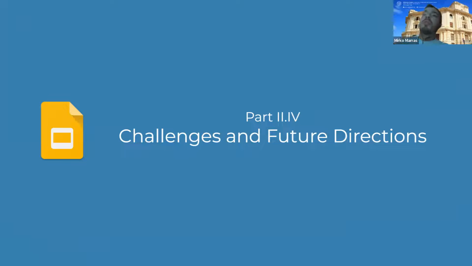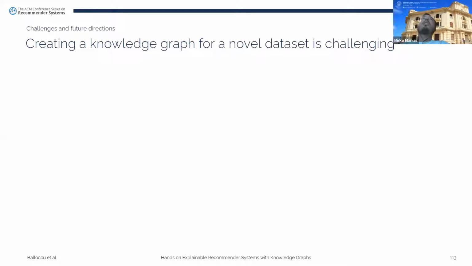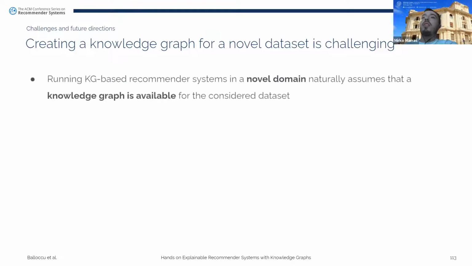Okay. So let's use a few slides to discuss some prospective research directions based on what we have seen in this tutorial. One first challenge is related to the KG component. Running knowledge-based recommender systems in a novel domain naturally assumes that a knowledge graph is available for the considered dataset.